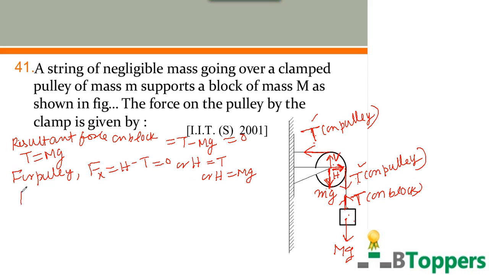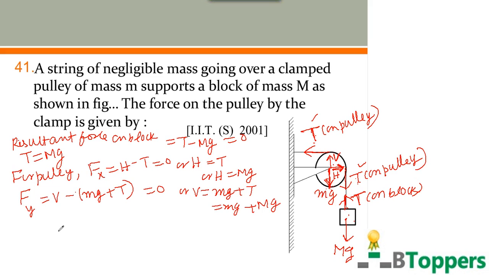The vertical component of the resultant force on the pulley is V minus mg minus T. That should also be 0 because the system is in equilibrium. So the magnitude of the vertical component of the force on the pulley by the clamp is equal to small mg plus capital T, where capital T equals capital M into small g.